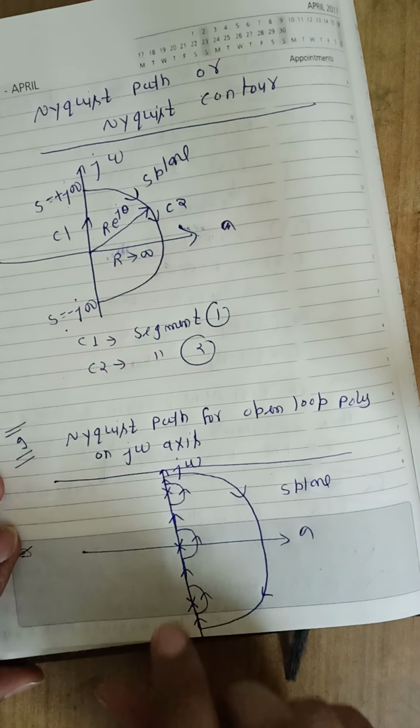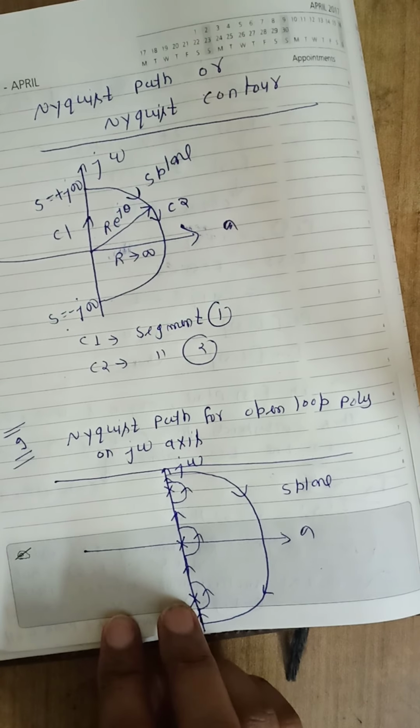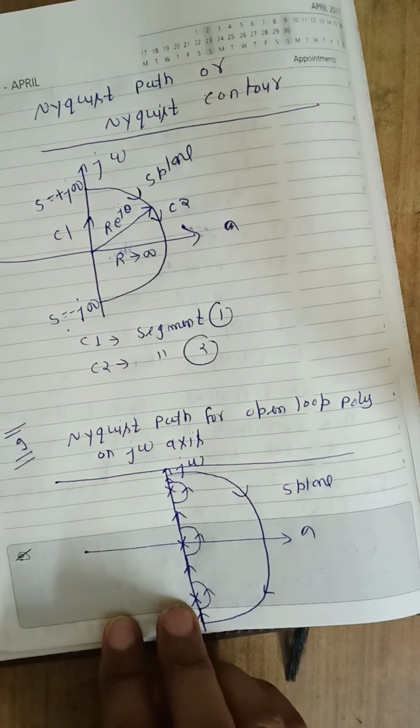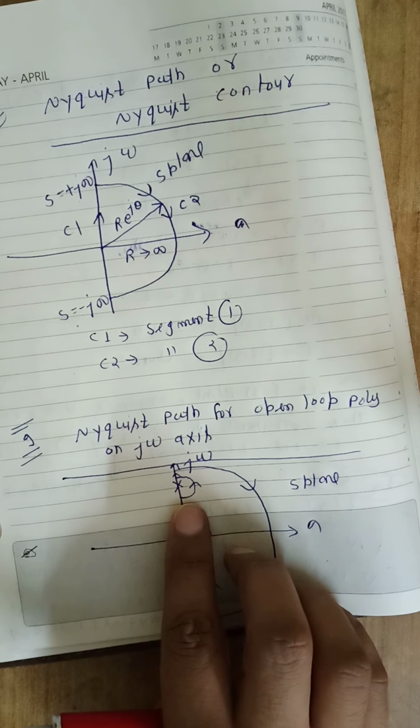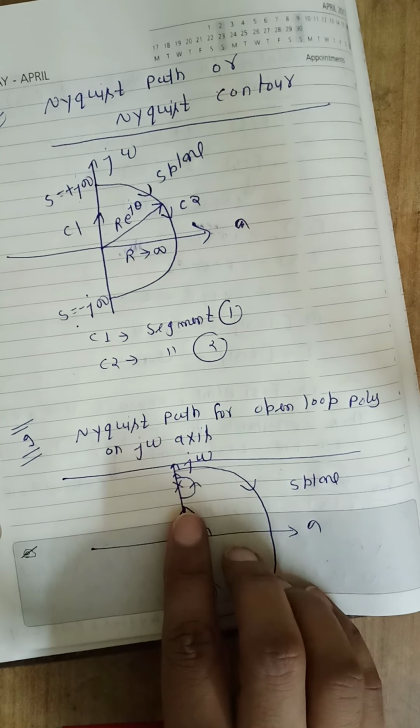If we have a pole at the origin, if we have a pole on the j omega axis, this can be done by selecting a small semicircle of radius, suppose epsilon, around the pole on the j omega axis towards the right hand side.